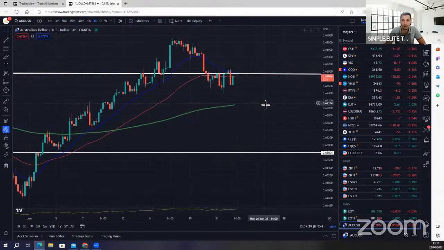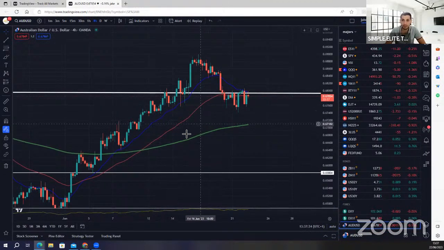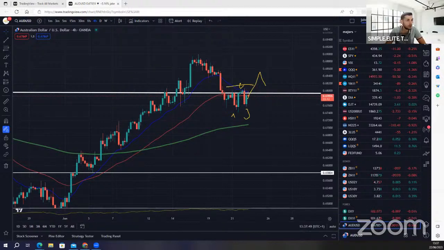So for the hour, we could probably see a 1, 2, 3 pattern. So if price gets above 68, as I said before, I will look to be on the long side of the Australian dollar.